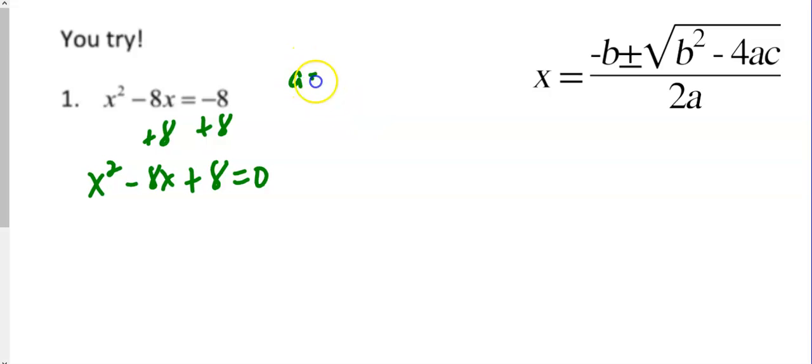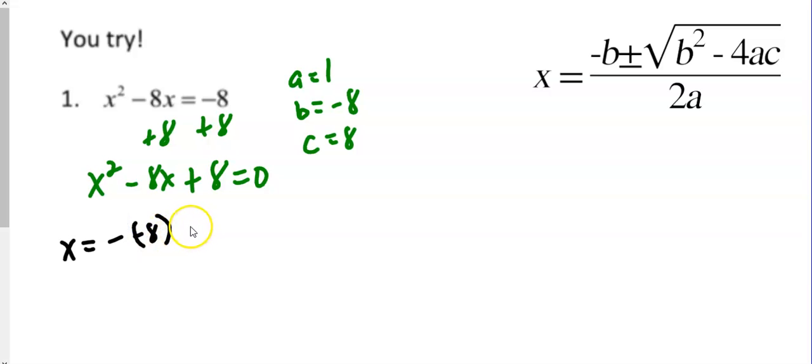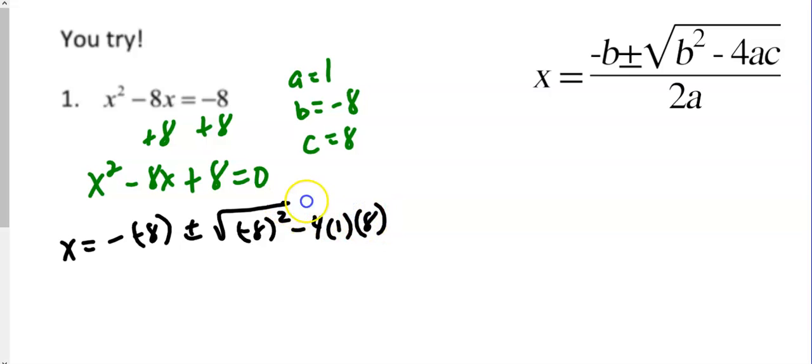So we can identify A, again, is 1, B is -8, and C is +8. So we're just going to plug and chug again. X is going to be equal to the opposite of -8 plus or minus the square root of -8 squared minus 4 times 1 times 8 all over 2 times 1.